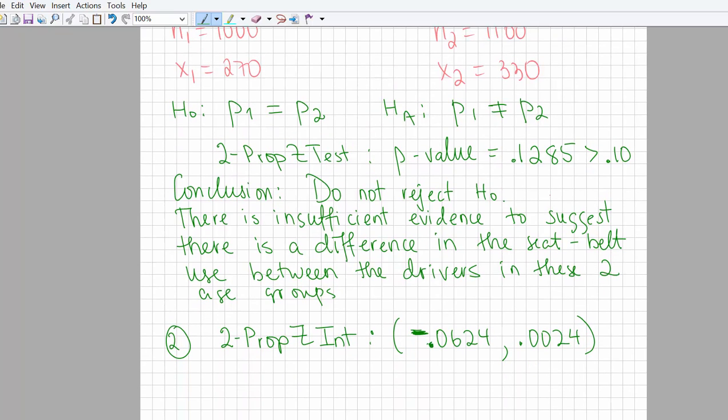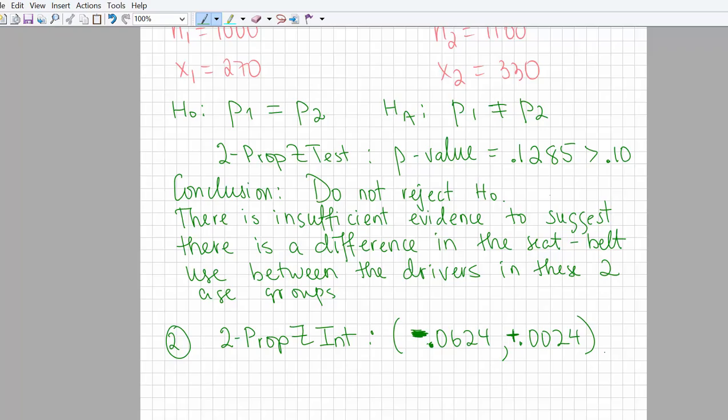It says that no, the data does not support the claim that there is a difference in these two proportions.